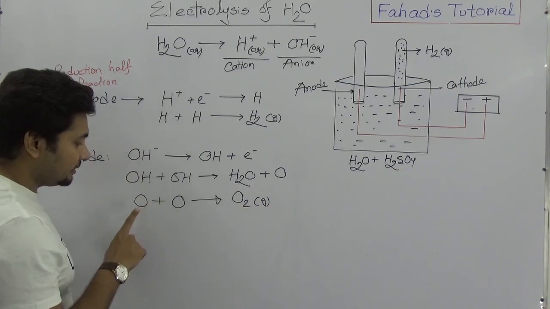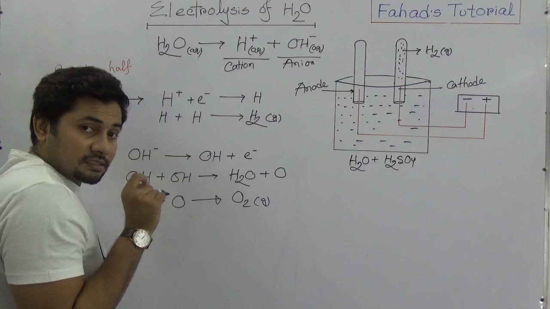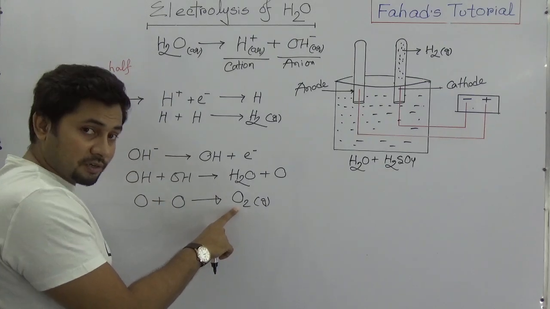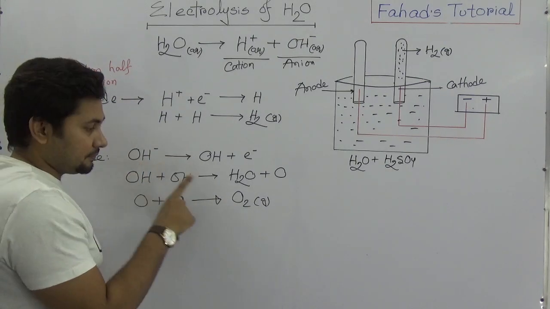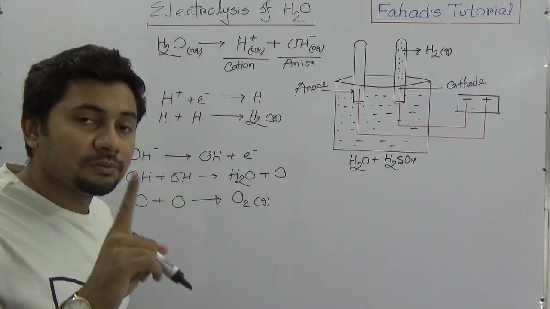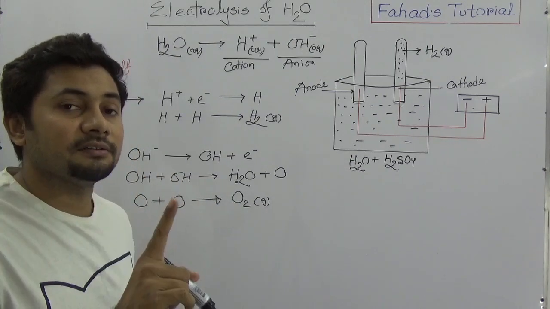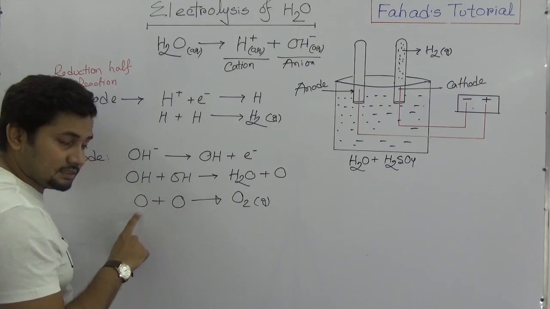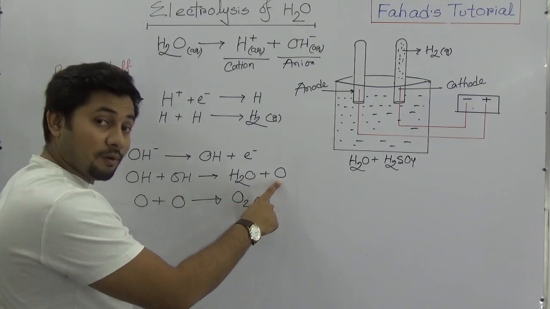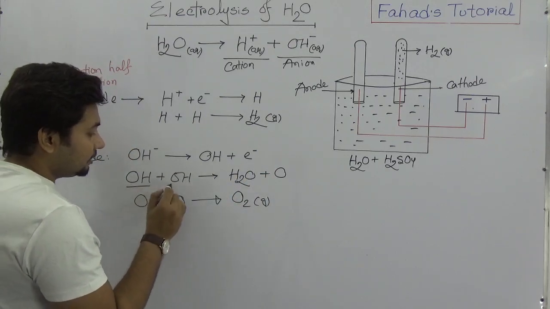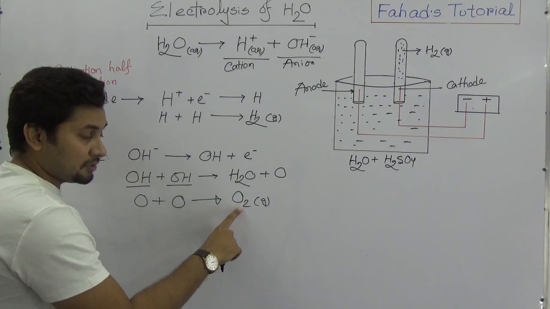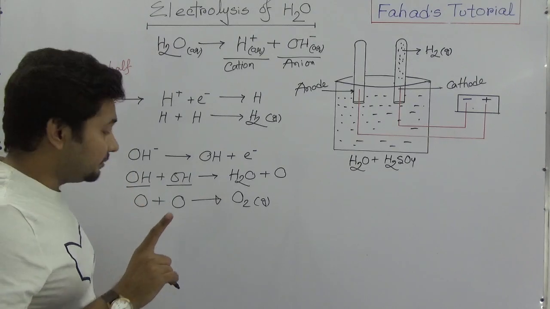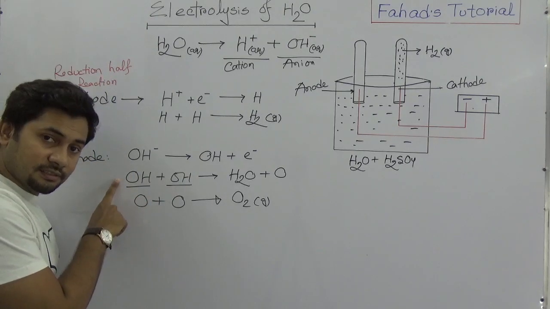So now you see this is the least amount of molecules that should be produced from this reaction. To produce O2 gas, that means one molecule of oxygen gas, I need two single oxygen atoms. And one single oxygen is composed of two hydroxyl. So to produce O2, we need 4 hydroxyl.